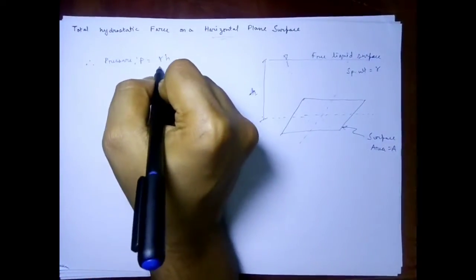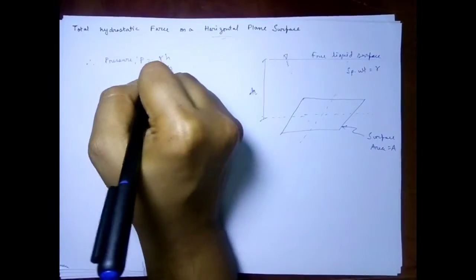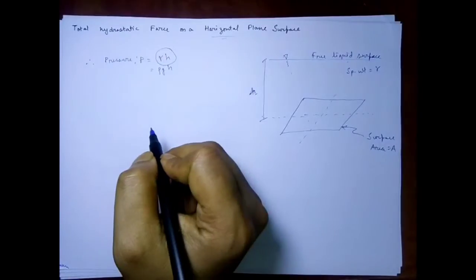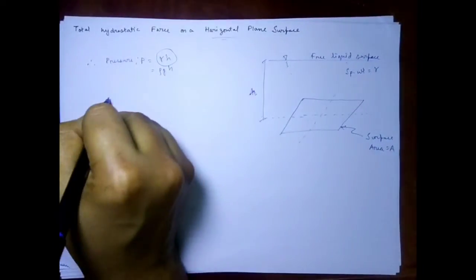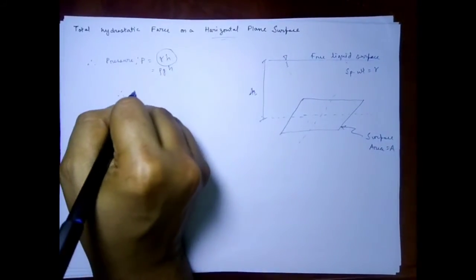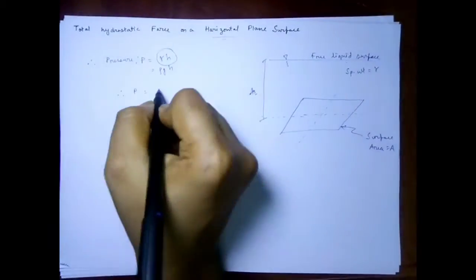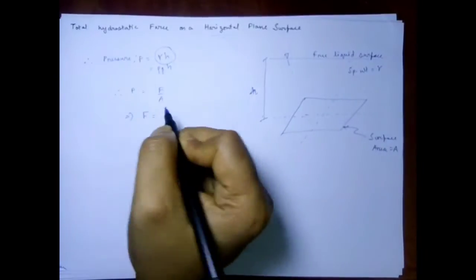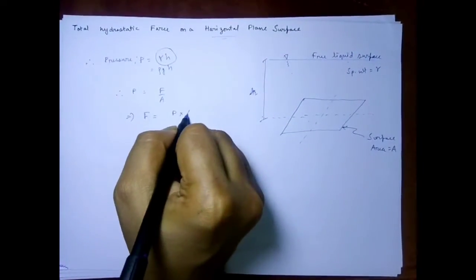Gamma, as you know, is rho g, so pressure is gamma h, you can say it like that. And therefore, pressure is equal to force upon area, you know it, and therefore the force will be P times A.